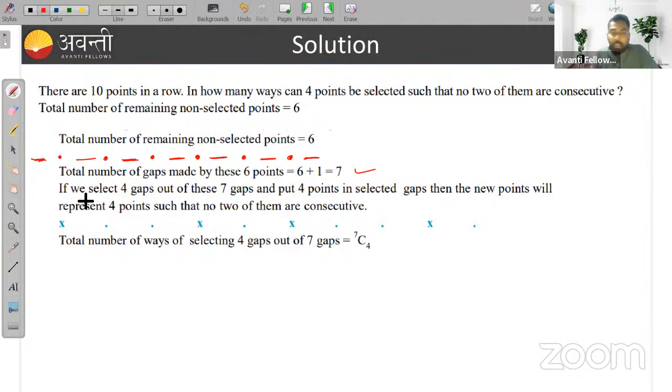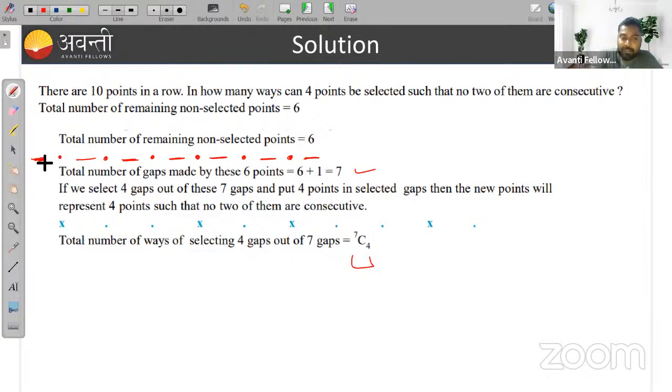If we select 4 gaps out of these 7 and put 4 points in the selected gaps, then the new points represent 4 points such that no two of them are consecutive. The total number of ways of selecting 4 gaps out of 7 gaps is 7C4. This is the answer, very simple.